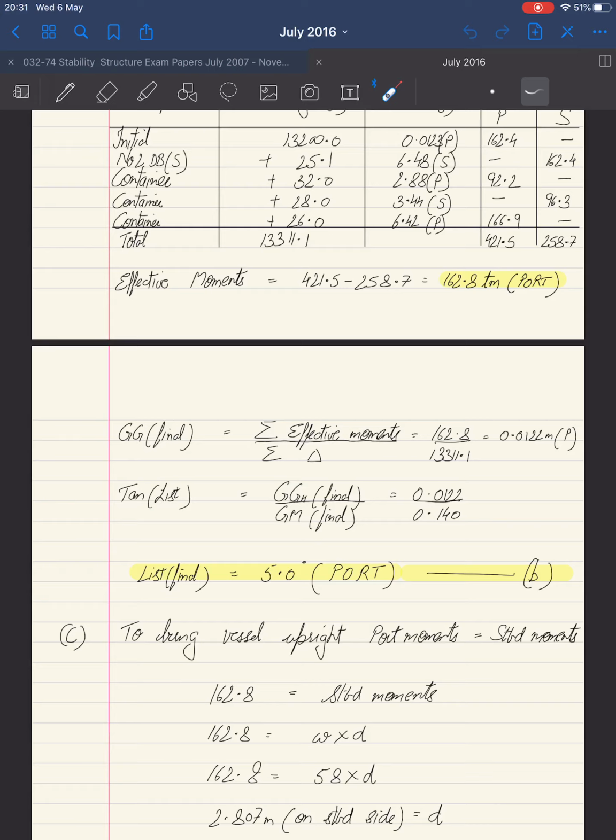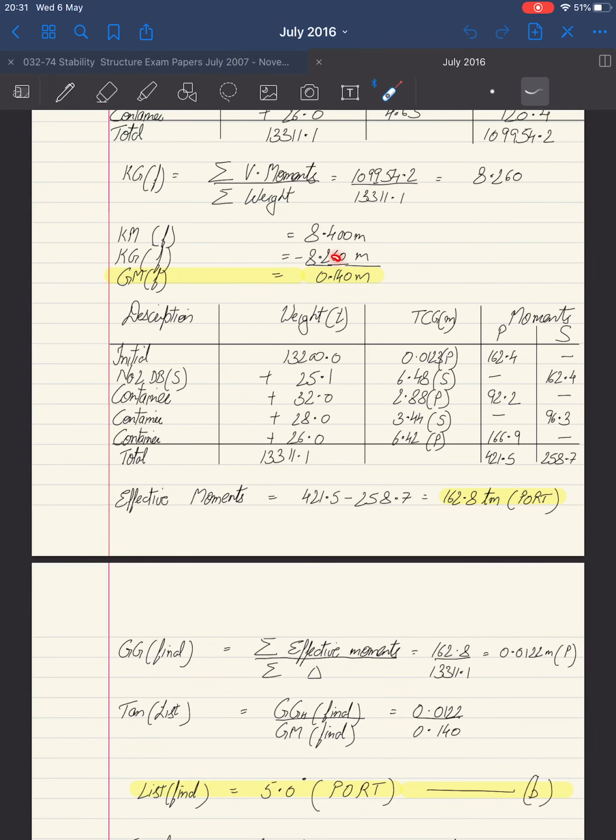When we put the formula, tan of list is equal to GGH final divided by GM final, we'll put in the values for GGH final, which is 0.0122 meters, which we have obtained from here, and divided by GM of 0.140 meters, which we had calculated before, which is here.